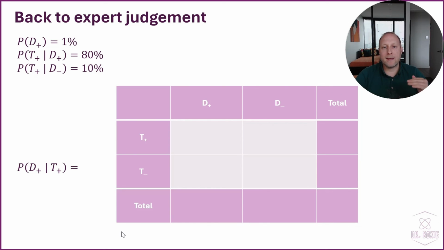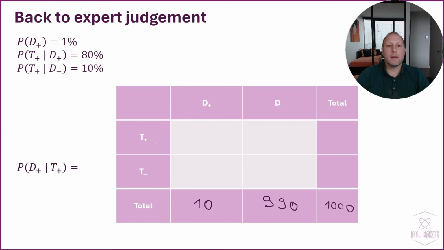And the rows represent those for whom the test claims they do and those for whom the test claims they don't. Now we know that of the whole population, 1% has breast cancer. So just for the sake of argument, let's say that we have a population of 1,000 patients. 1% of them, meaning 10 people, will have breast cancer, and the rest, 990, won't.